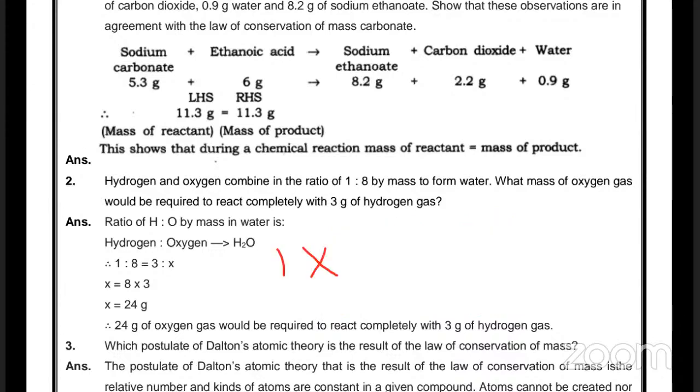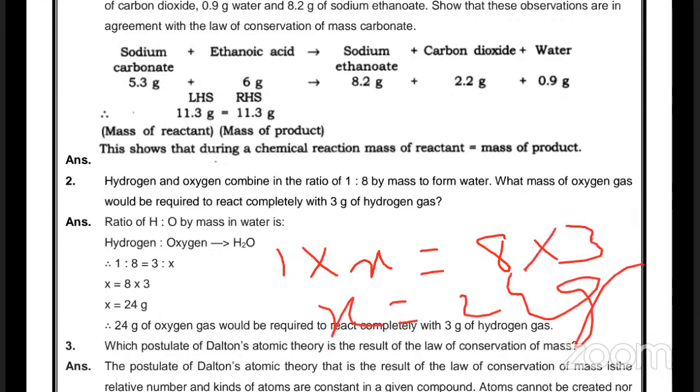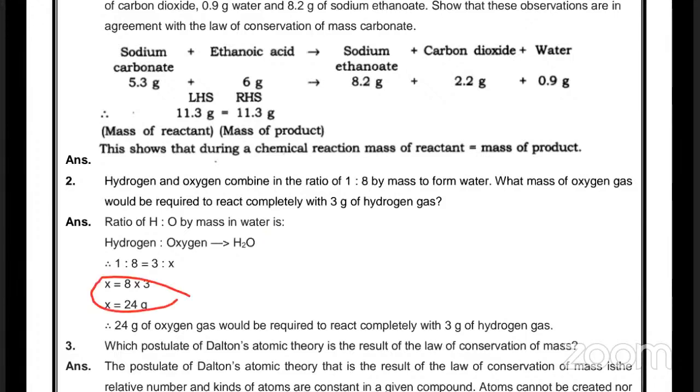So you will get 1 into x is equals to 8 into 3. So x is equals to 24 grams of oxygen gas would be required to react completely with 3 grams of hydrogen gas.